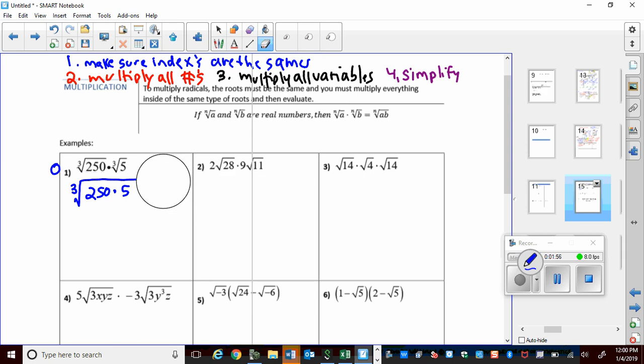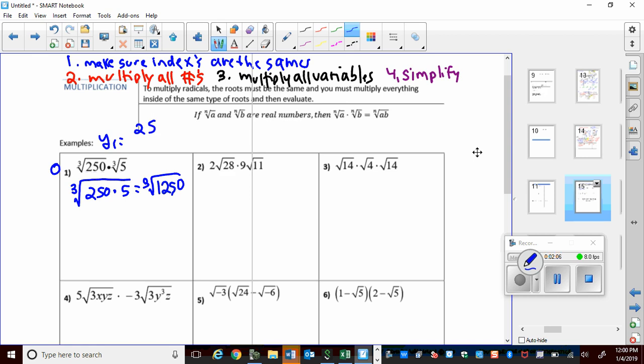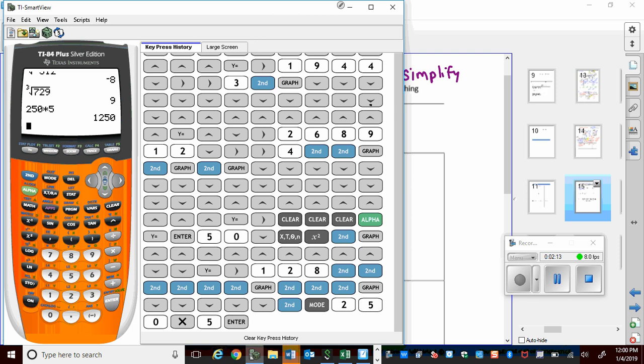So I'm going to rewrite this. This equals the cube root of 1,250. When I go to y1, I'm going to put in 1250 over x cubed and look for that smallest whole number y value.